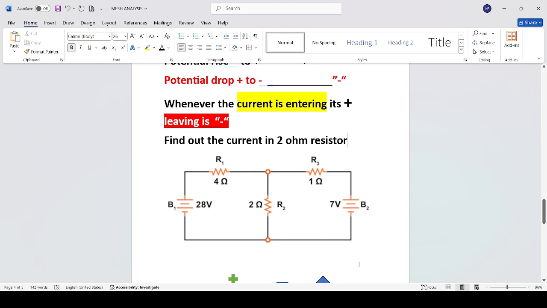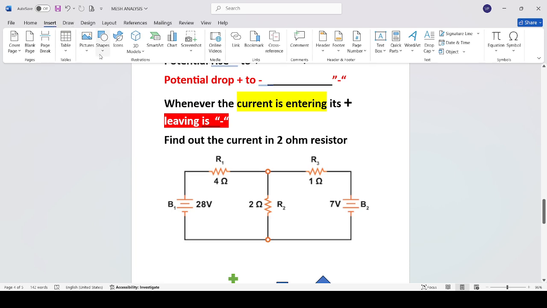This is the circuit. So we are going to solve this complex circuit. First, the first procedure: you need to assume the current and indicate the direction. So first we are going to assume the current and its direction.